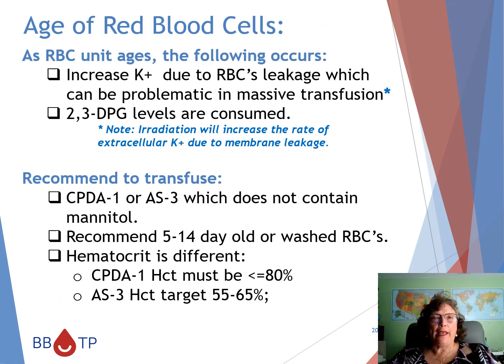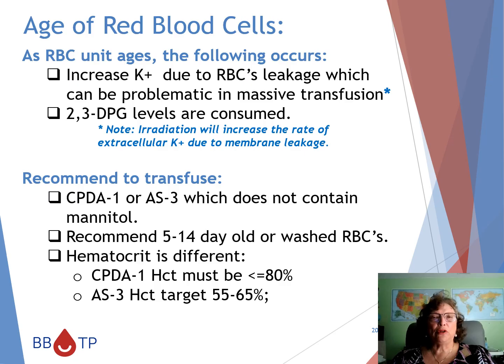When we look at the age of the red cell, we need to look at what happens inside the bag. As the red cell ages inside the bag, membrane leakage occurs, which causes extracellular potassium to be released out into the product. This can be problematic for the infant, and irradiation increases the rate of membrane leakage, so you have even more extracellular potassium.